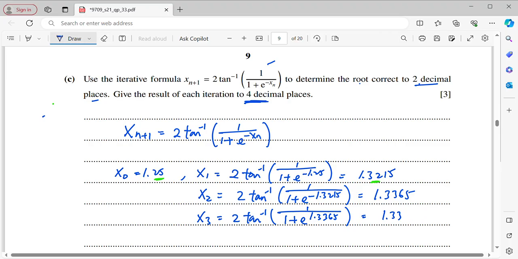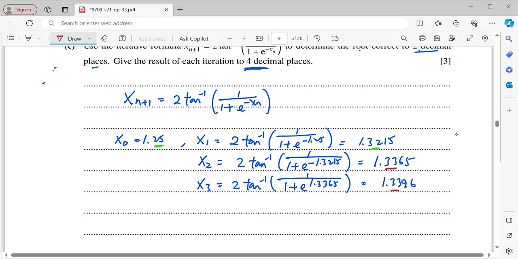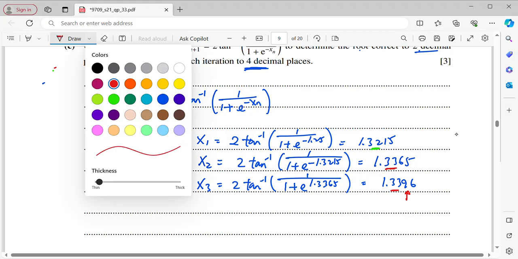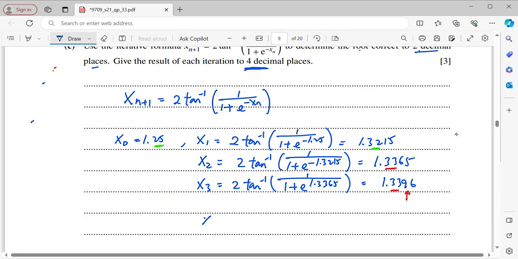Okay, so by comparing these values with the previous value, now we get the same two decimal places. For the final answer, refer to the latest calculation and the next digit. So if the digit is 5 and above, then you have to round up. Therefore, our x is approximately 1.34. So that is the solution for part C.